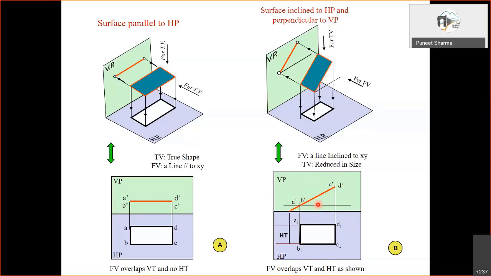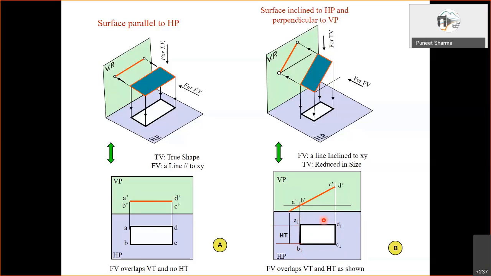And now we can draw a projector from here and a projector from here, right? Now on these projectors, this A1 and B1, here both A and B in the front view are coincident, but here they are at different locations. So of course one possibility is that for this edge, whatever length is available, we can draw it here.